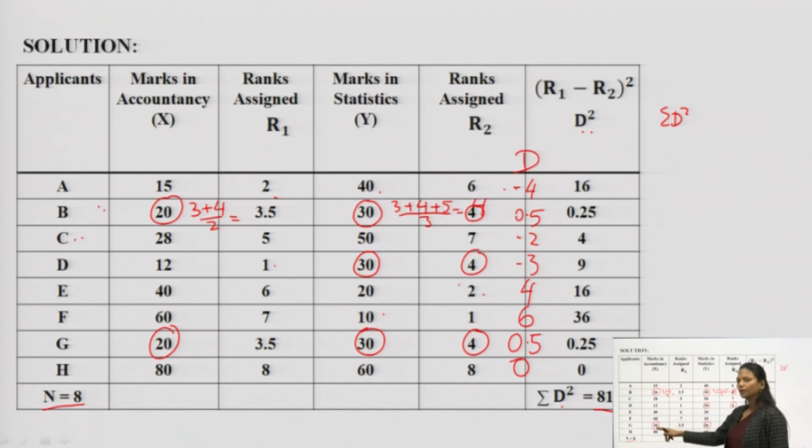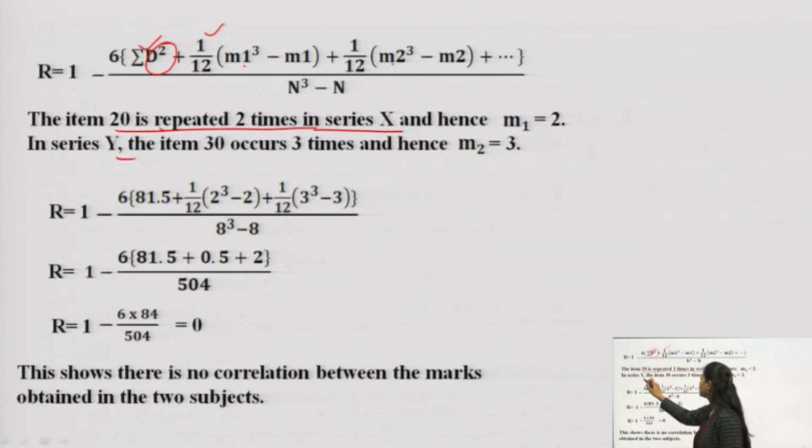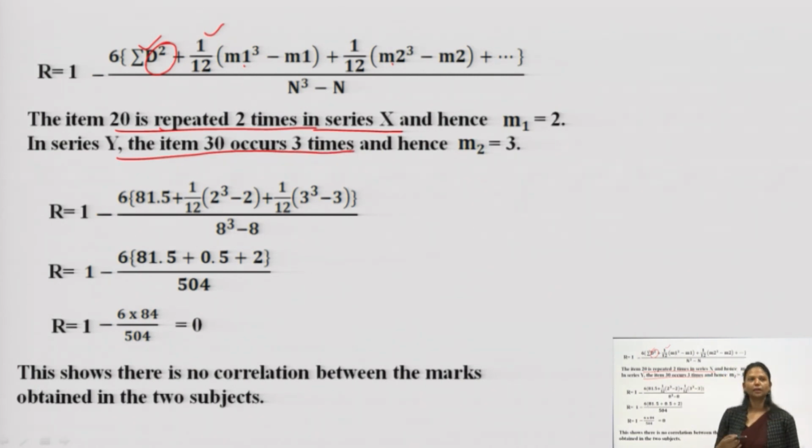So, 20 is repeating twice in series X and in series Y, 30 is repeating itself 3 times. So, M1 here becomes 2 and M2 becomes 3 because they are repeating 2 times and 3 times. Now, we are not writing the number which is repeating itself, but we are writing down how many times it is repeating.